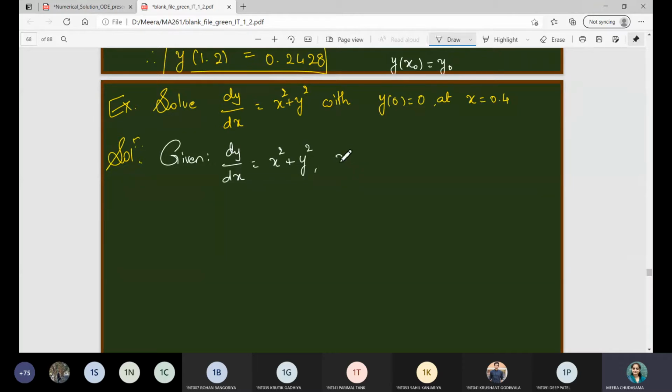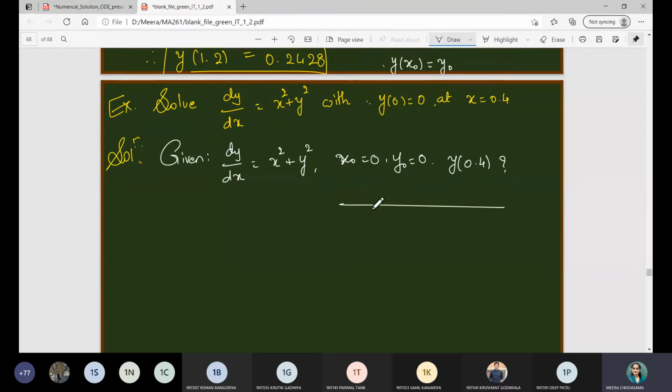Here we are given x0 is equal to 0. Comparing these two equations, y0 is also 0. So the initial point we are given is (0, 0), and we are asked to find y at 0.4, right? That means y at 0.4 is asked.